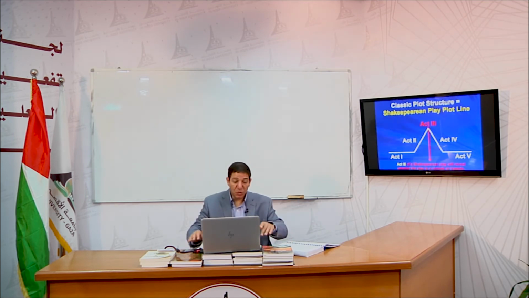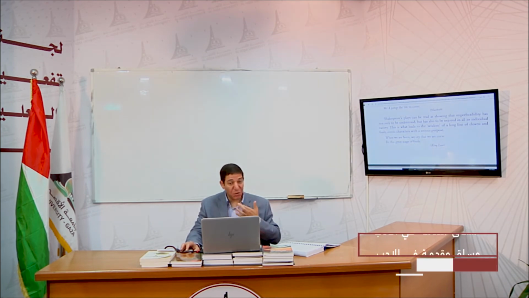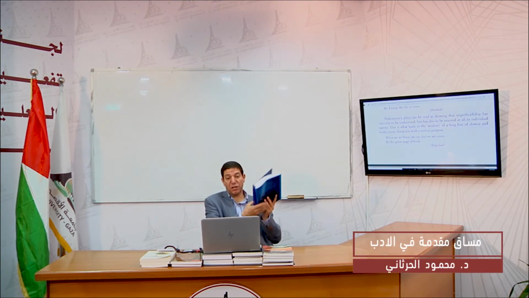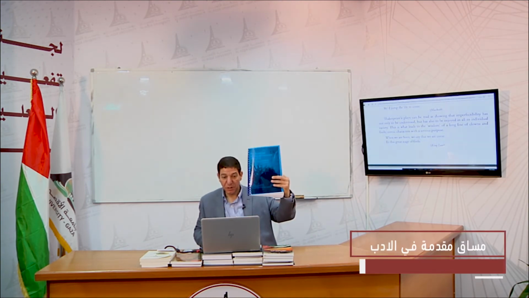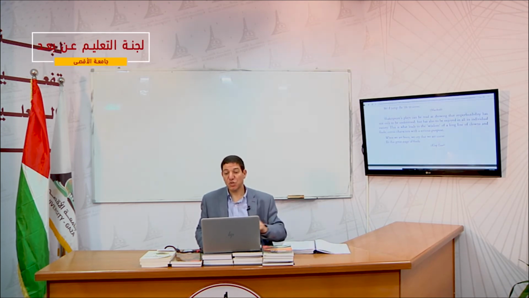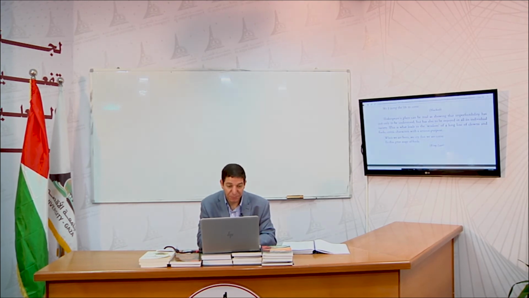I want you to remember this with me. On page 86 in this textbook that we have with us, Shakespeare's plays can be read as showing that imperfectibility has not only to be understood, but has also to be enjoyed in all its individual variety.